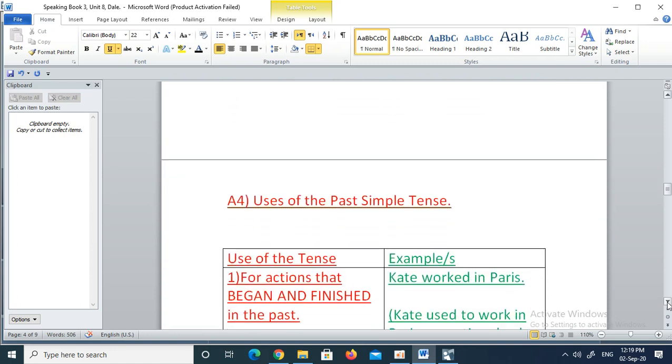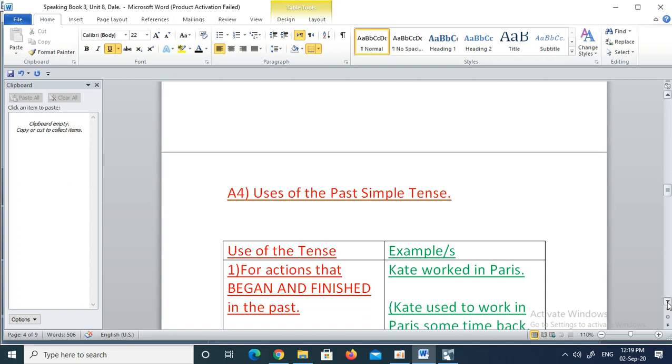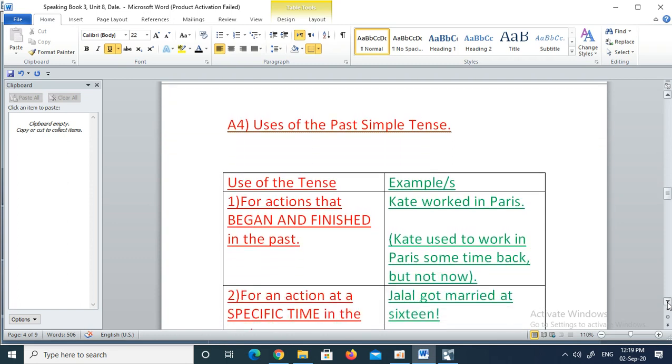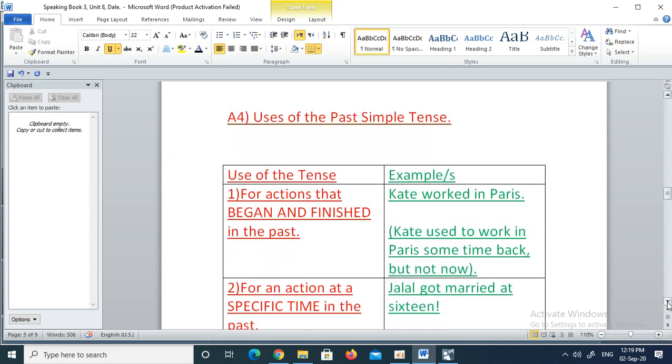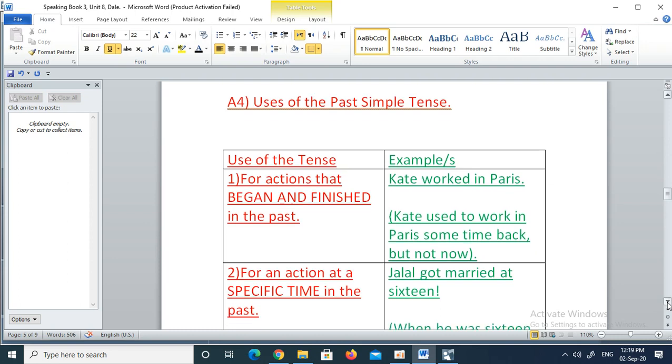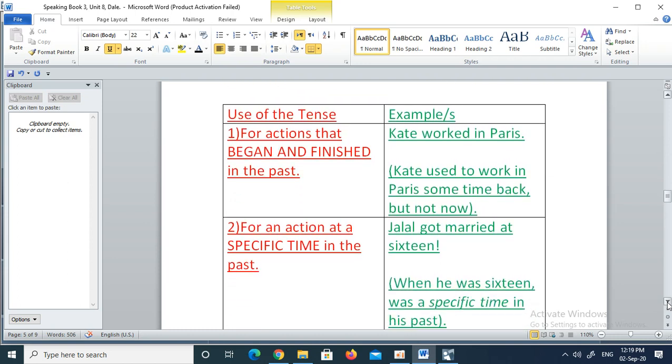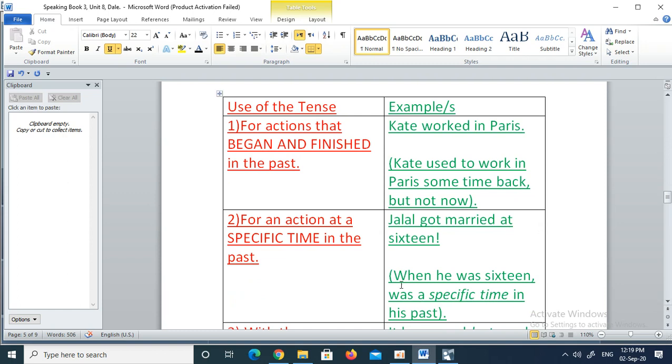Now, let us see when we use these two tenses. Let us look first of all at the past simple tense. We use it, number one, for actions that began and finished in the past. So to give you an example, Kate worked in Paris.